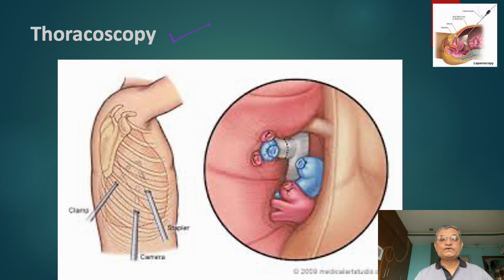Then this is also useful for esophageal surgeries such as esophageal myotomy for achalasia or minimally invasive esophagectomy for esophageal cancer. So these are some of the indications for thoracoscopy.